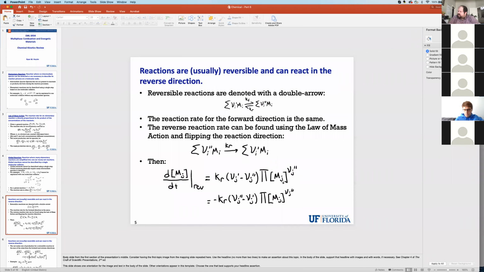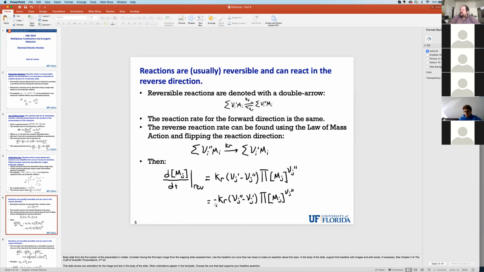Actually, this should be I here, so in your notes, just mark that with an I, of the concentration of all the reactants raised to the nu I double prime power. Okay, and so it's just the law of mass action all over again, but instead of kf, you have kr, and you've interchanged nu I double prime with nu I prime, and I'm going to just factor out a -1 here and basically flip these.